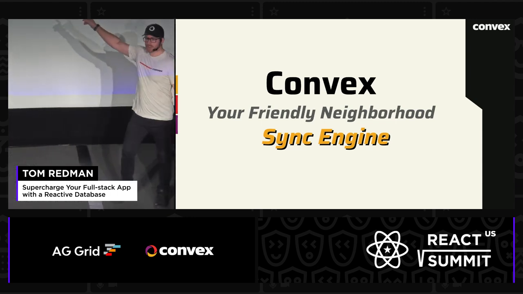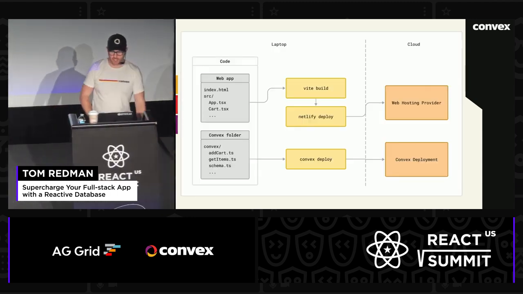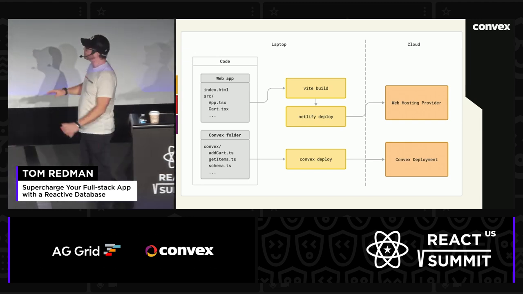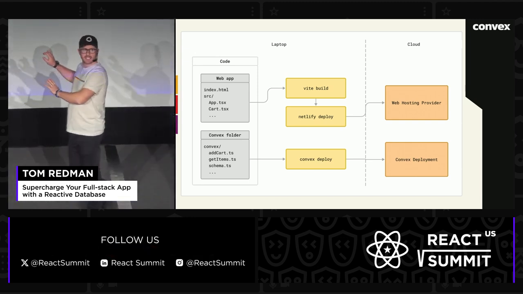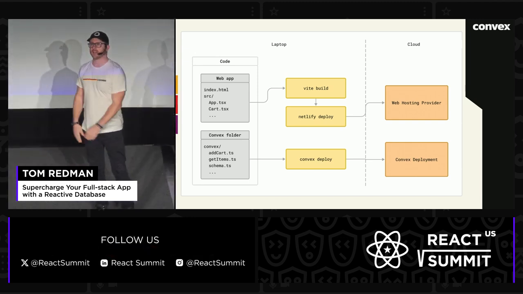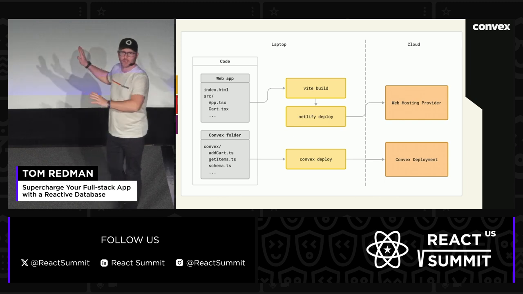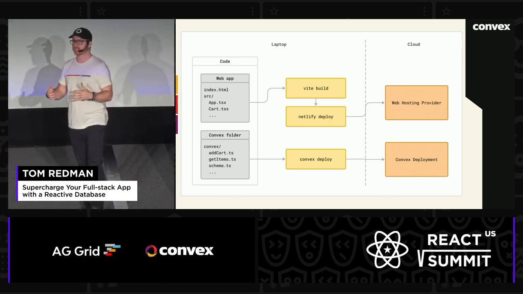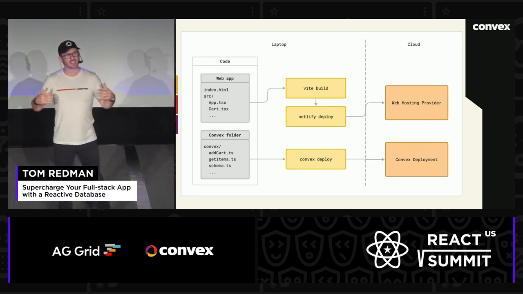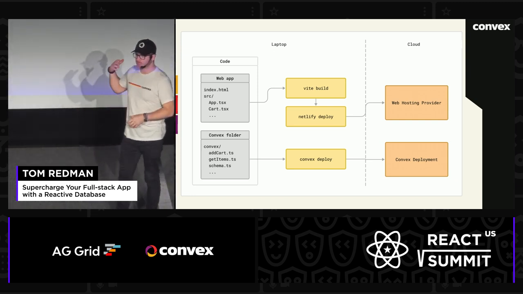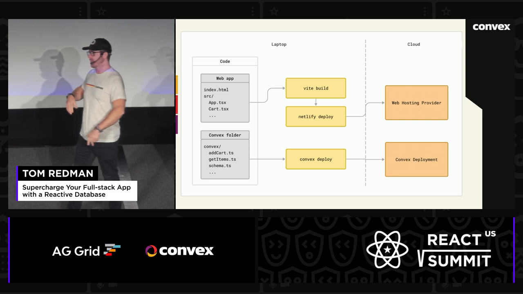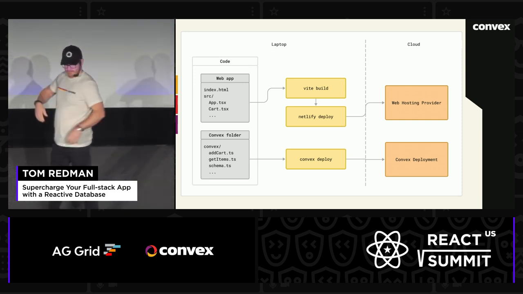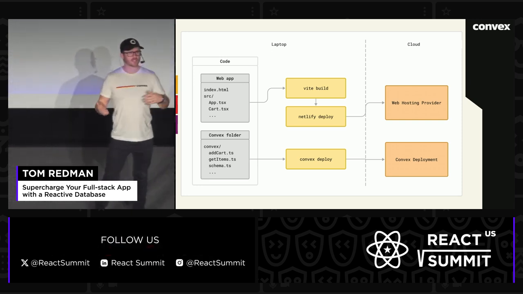So Convex is your friendly neighborhood sync engine. I'm going to speed through a little bit of the technical stuff here. We have tons of blog posts about how it all works. The technical parts are super, super interesting. Convex itself is a sync engine. That includes database, file storage, vector embeddings, other things I'm missing, full text search.